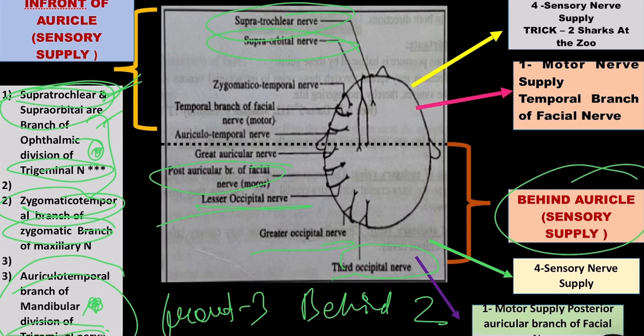Now when we talk about the motor supply, it is very easy to remember. Above we have the temporal branch of the facial nerve, and behind we have the posterior auricular branch of the facial nerve. This chart is perfect for you to understand the nerve supply.